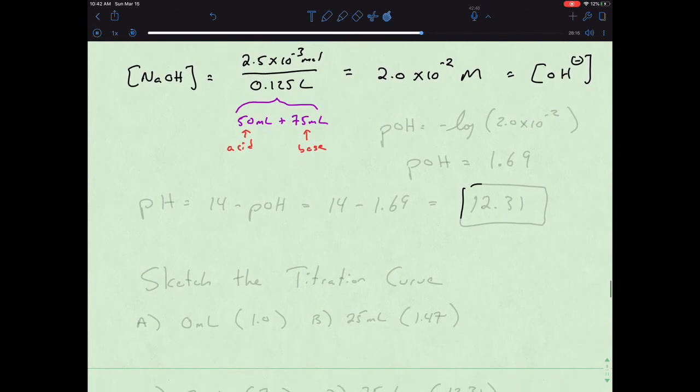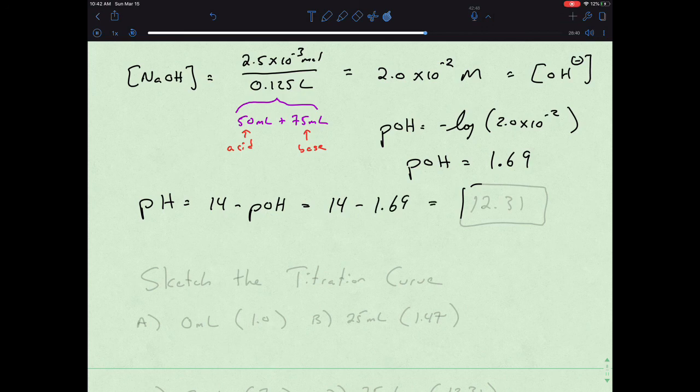We then can get our pOH by taking negative log of that 2.0 times 10 to the negative second. And so our pOH is equal to 1.69. And then our pH would be 14 minus the pOH, or 14 minus 1.69 to give me a pH of 12.31.